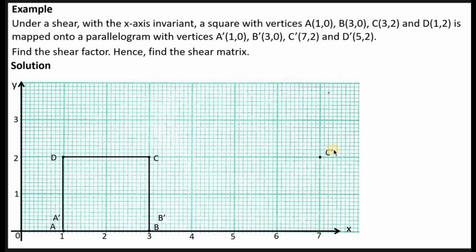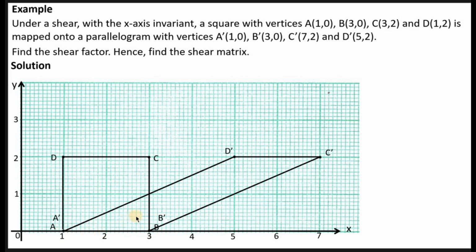Then D'(5, 2), so 5, 2 there. So this object got sheared in that way, parallel to the x-axis, and the x-axis is the invariant line, because it is the line upon which these fixed points are lying.